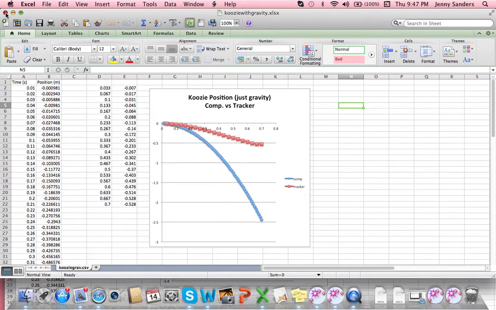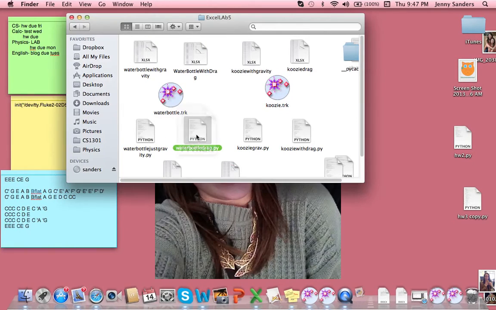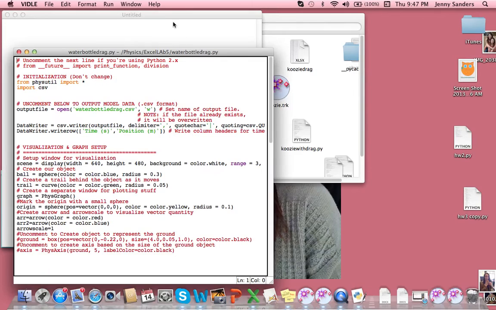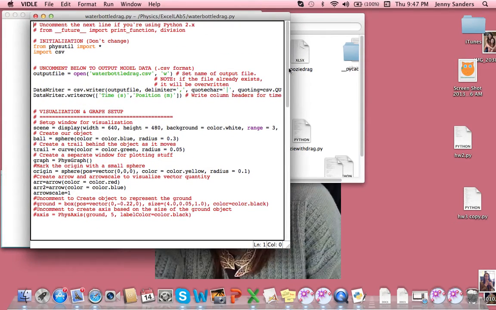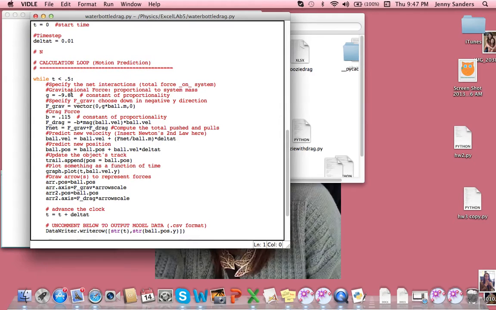So then I changed the drag for each one. I'm going to go to the water bottle's computational model. I kept the initial position and initial velocity at 0, delta t at 0.01, time less than 0.5, gravity negative 9.81. I did the same thing right here, but the only thing that changed was that instead of the force of gravity being the only thing that affected it, the force of drag was also included.